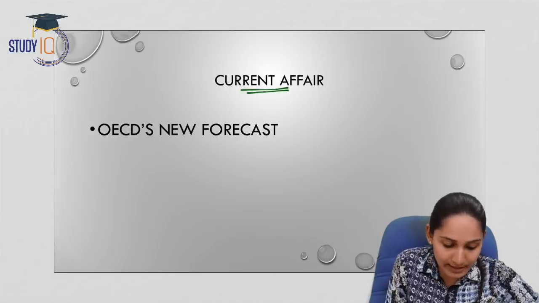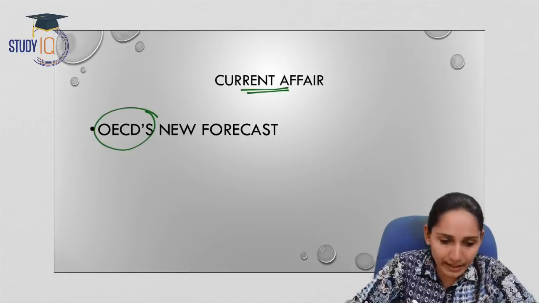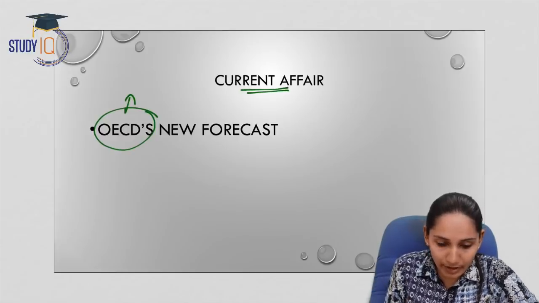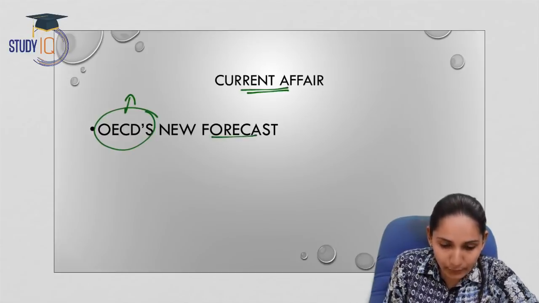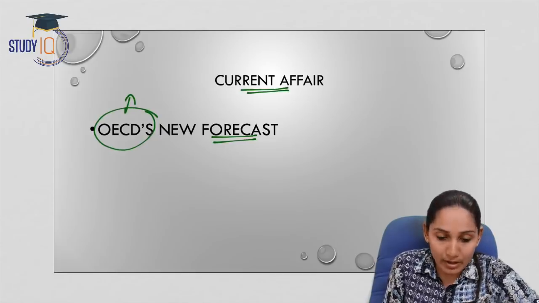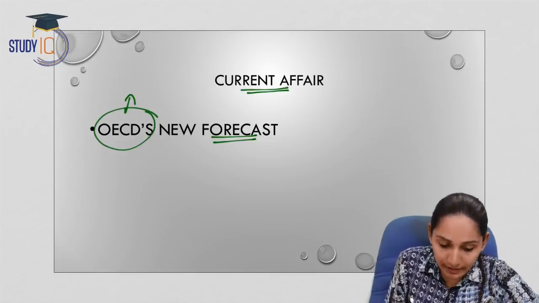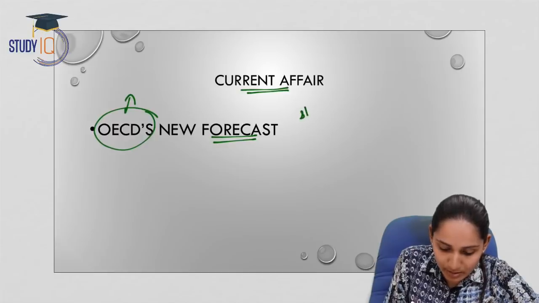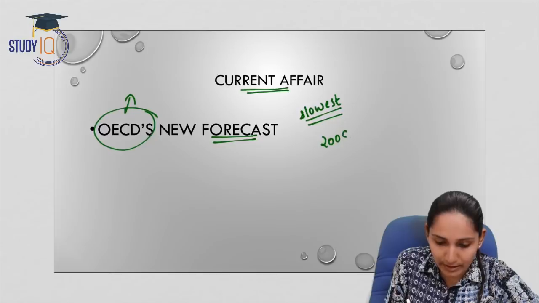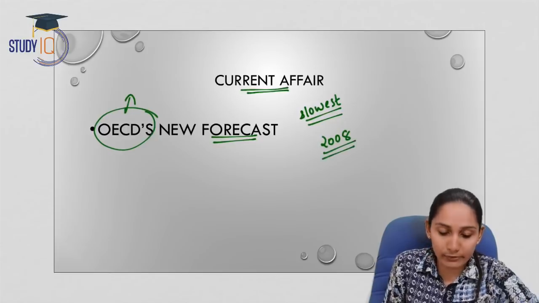The current affair is that the OECD, the Organisation for Economic Cooperation and Development, has released a new forecast that the global growth rates are slowing down. The global growth in the current year will slip to its slowest rate since the financial crisis of 2008, as per the forecast of OECD.